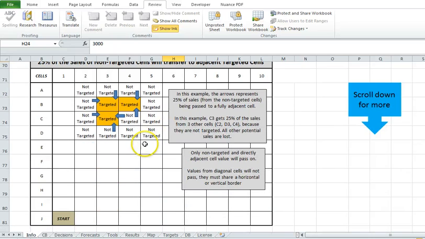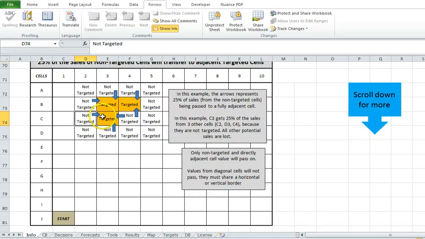So we have a look at how this works. I've targeted 3 cells, so these 3 cells in the yellow color have products competing in those particular cells, and the cells around them have no products. Okay, so these consumers need to make a choice.